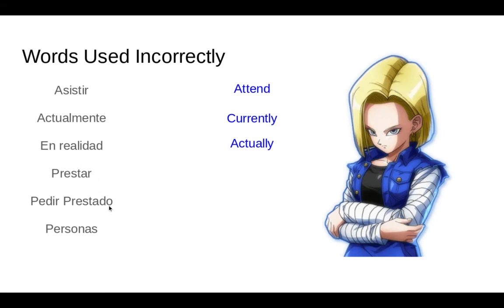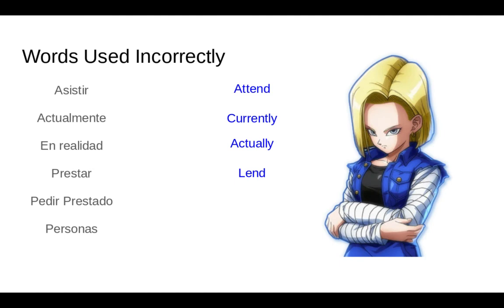So the next two kind of go together, okay? Prestar and pedir prestado, okay? In English, you've got to use two different verbs, okay? So prestar would be lend. For example, teacher, can you lend me a computer so I can do an exam? That would be you lend.